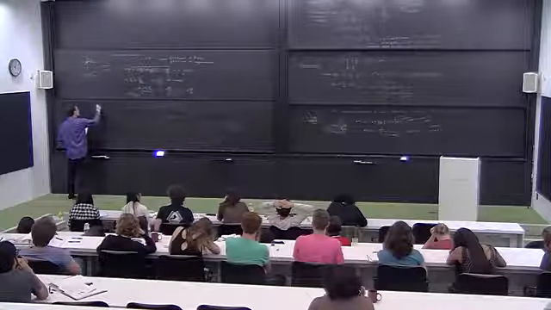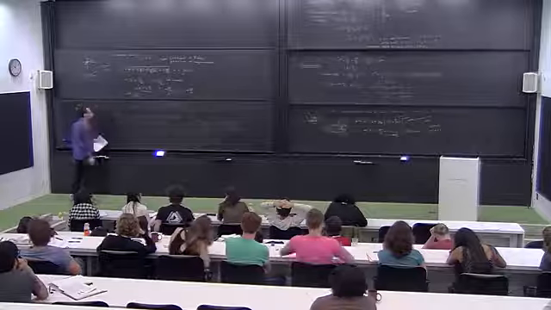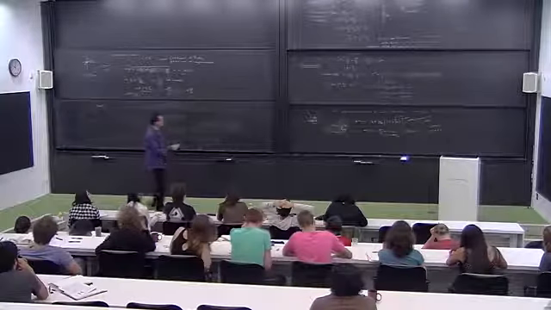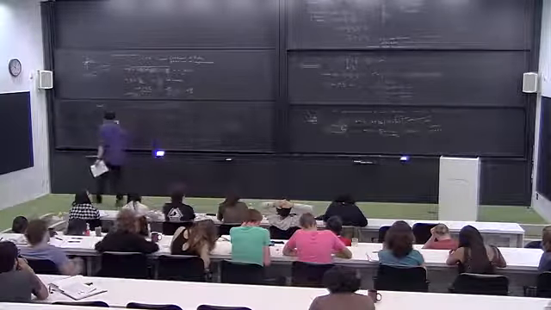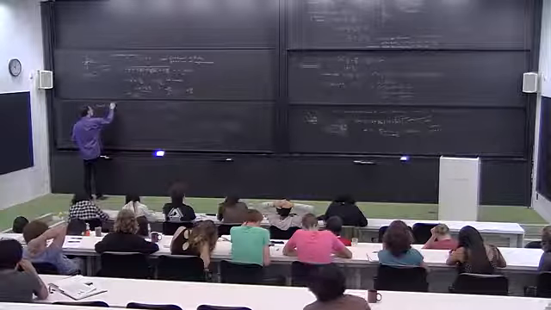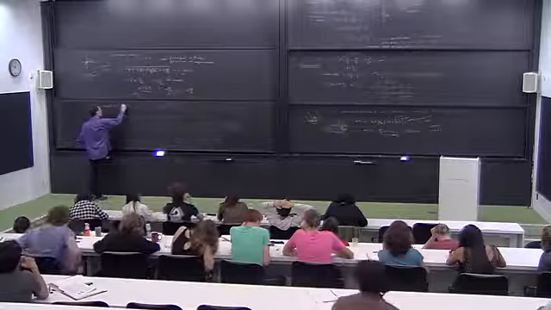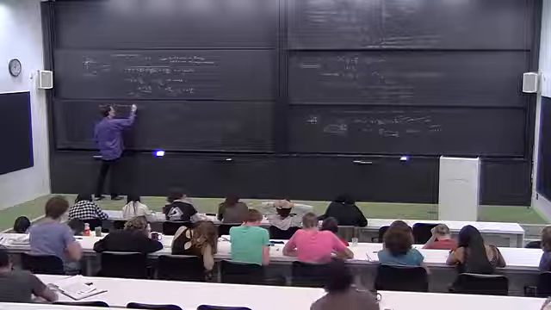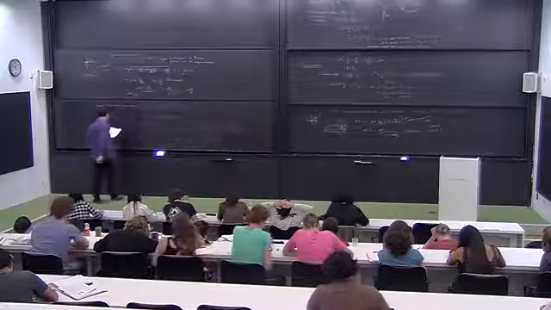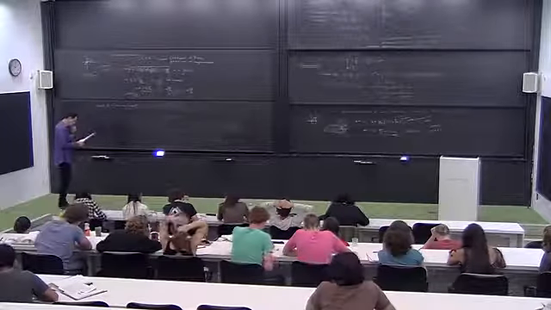So we'll treat the term proportional to rs, the rs cubed term, as a perturbation. And then something very beautiful happens.